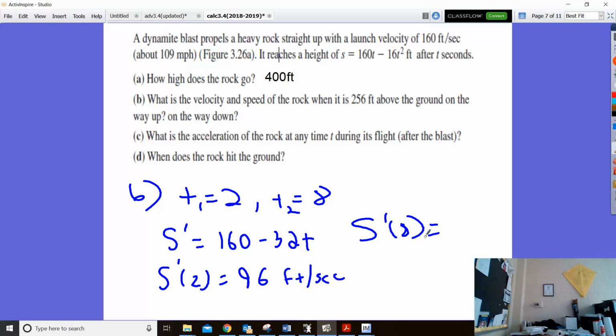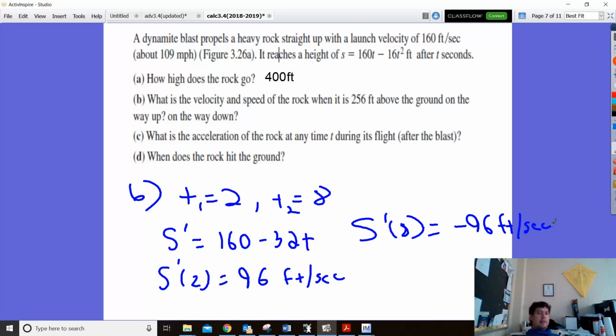Did I do the first one right? I get the same thing. It's just negative. I get negative 96 feet per second. Why is the second one negative? It's on its way down. It's falling. Why is velocity negative?